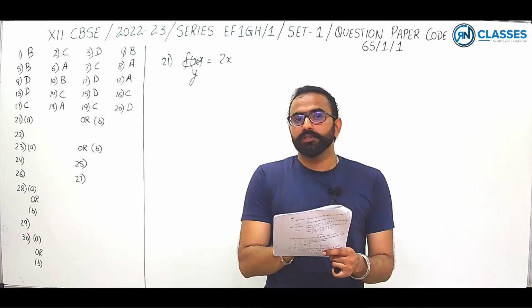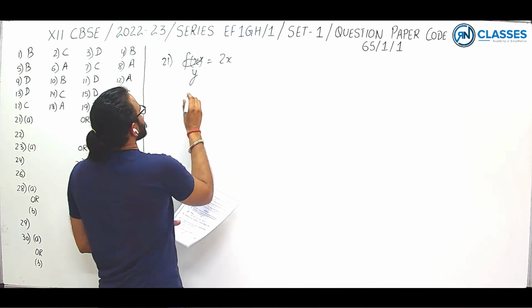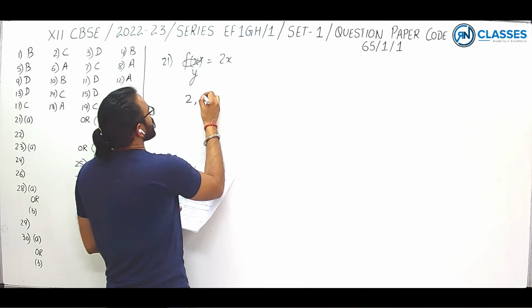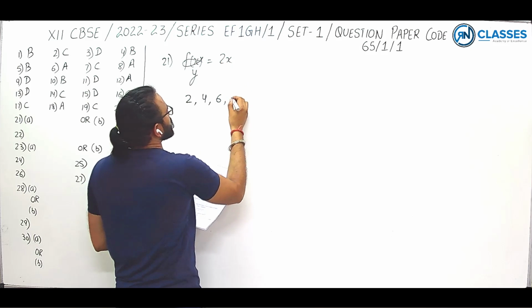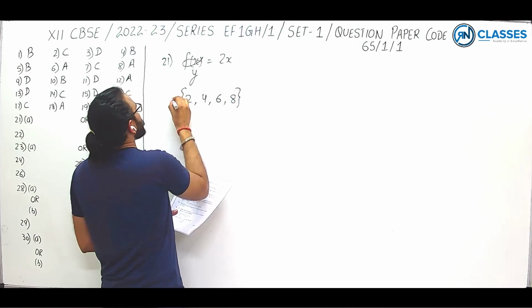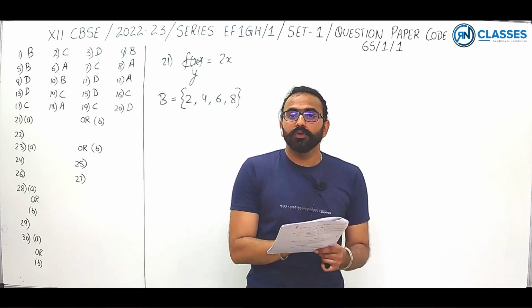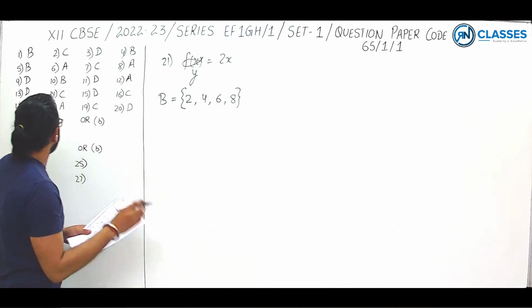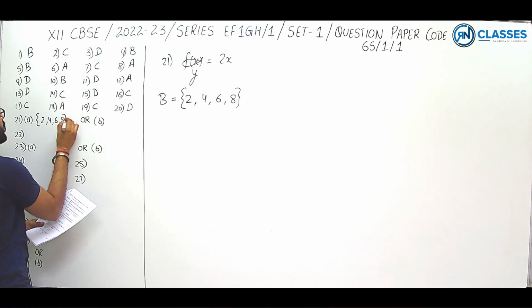First put x from set A: x equals 1 gives y equal to 2. Next x equals 2 gives y equal to 4. Similarly x equals 3 gives 6, and x equals 4 gives 8. These are all the values of y, so this becomes set B. So the answer to question 21, first part, is the set containing 2, 4, 6, 8.